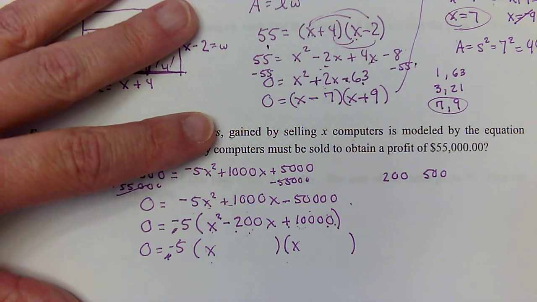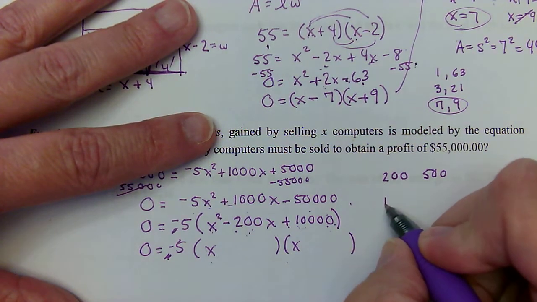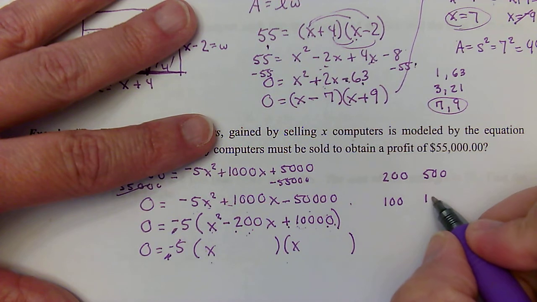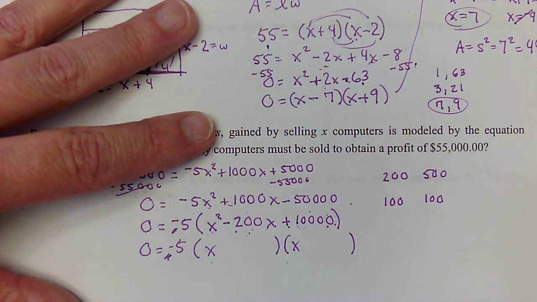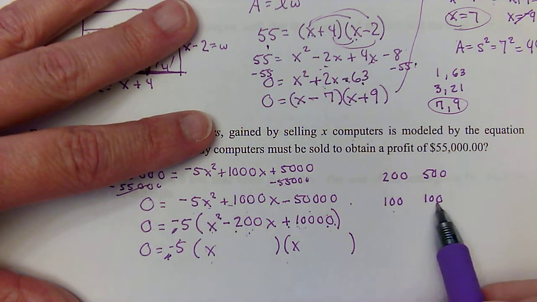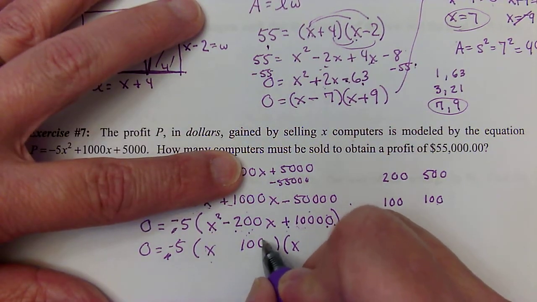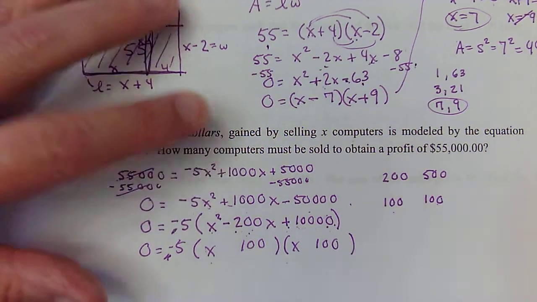Too big. Those don't add up to 200. So let's jump down to 100. If I divide 10,000 by 100, I get 100. And 100 plus 100 is 200. So I'm going to get x with 100 here.